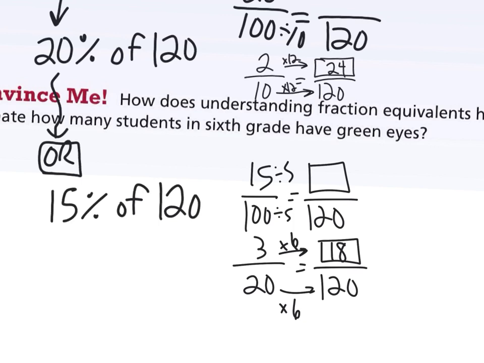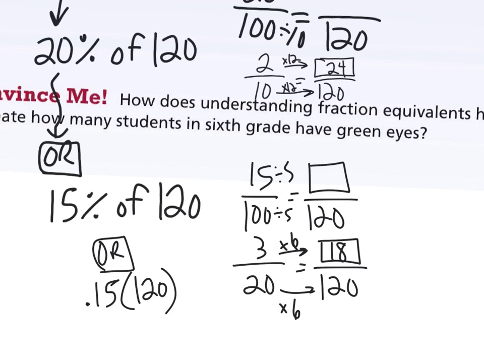Another option you have for doing these problems, especially if we were allowed to use calculators, which I'd like you to try to just work some of this by hand rather than being always calculator dependent, is to change the percent to a decimal and multiply.